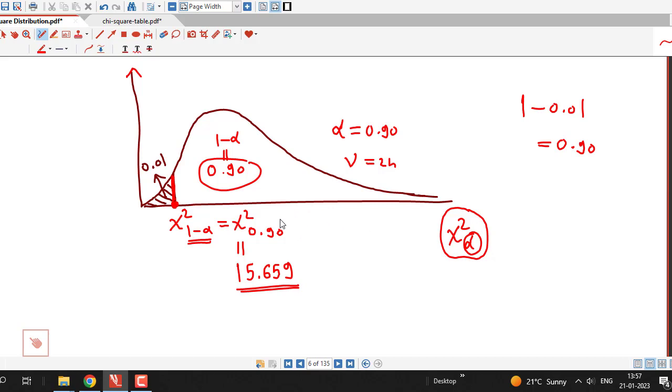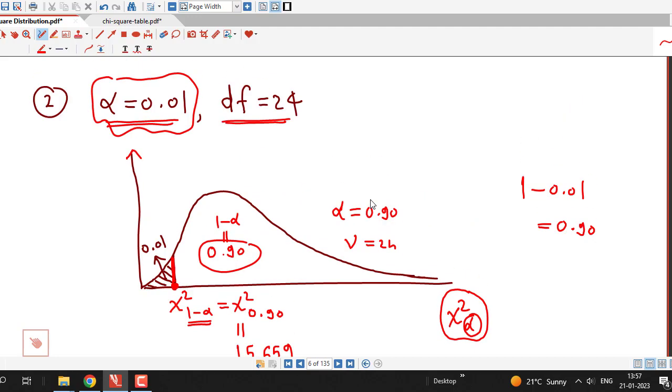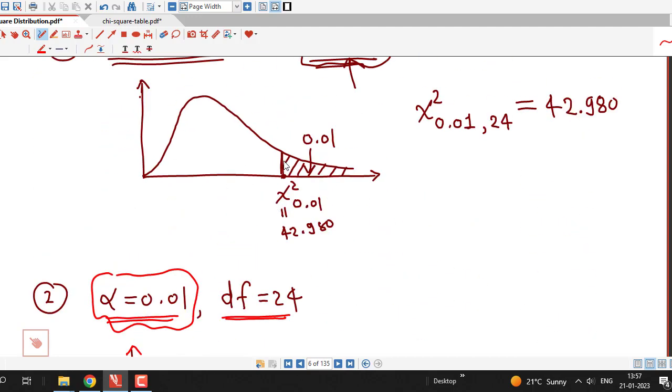So remember, this is very important, how to use the chi-square table. In normal distribution we have a symmetric curve, so we find this critical value in the right tail, and the critical value in the left tail will be the negative of this value.